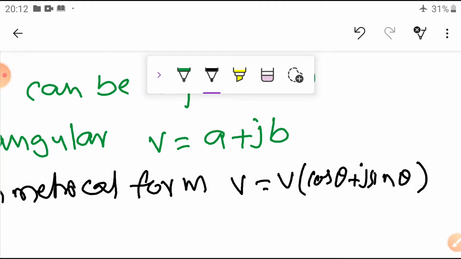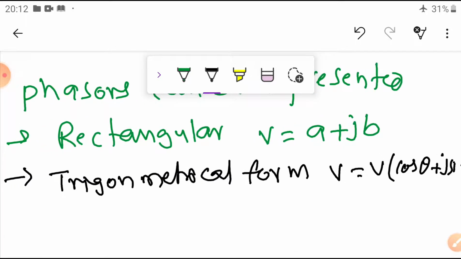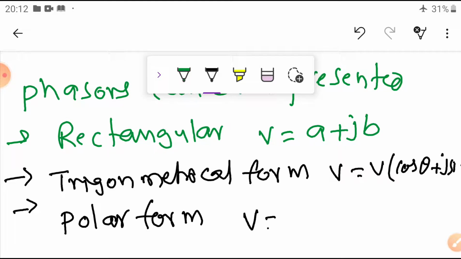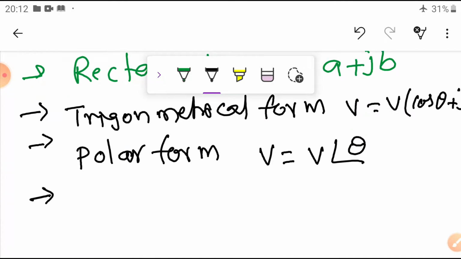This is the trigonometrical form. And coming to another form, the polar form. What is the polar form? The voltage is simply represented by the magnitude at an angle of theta. Simple method.